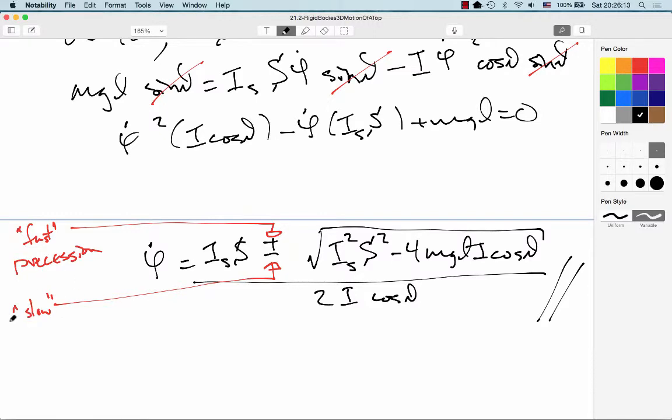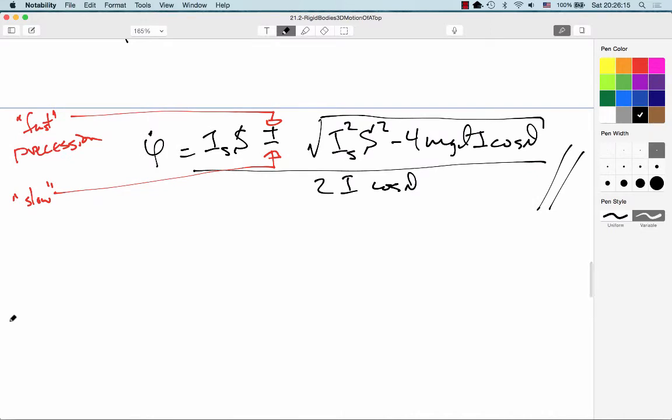All right, now to have a physical solution, we can't have phi dot go complex. And so that means that the quantity in the radical has to be real.